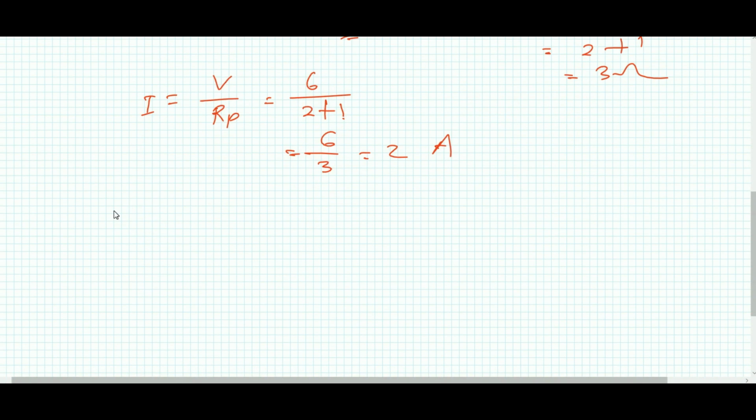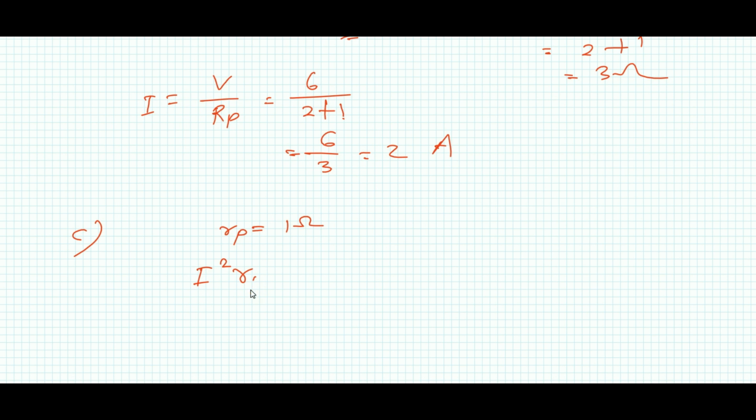Therefore the heat loss inside the battery will be I square Rp, where Rp is the internal resistance of the battery, 1 ohm. Therefore I square Rp is the quantity of heat loss inside the battery, so it becomes 2 square into 1, that is 4 into 1, that is 4 watt.